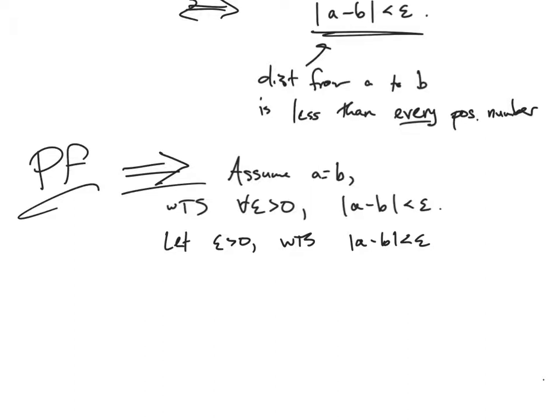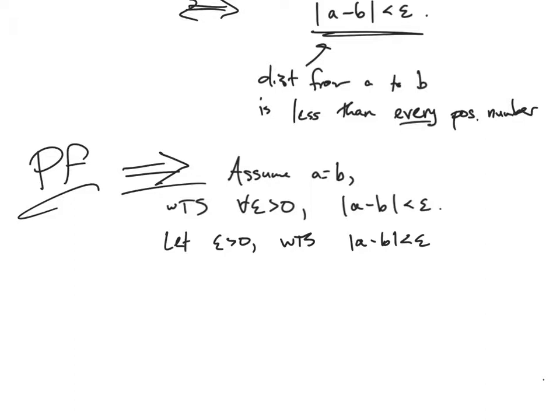Yes. Somehow get it to where a equals b. Yeah, actually, in this part of the proof, we are assuming from the beginning that a equals b. So what can you do with that once you know a equals b? Yeah, right.